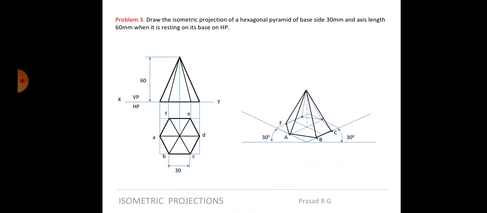From the center, you take the height, and that will be the apex point. From there, join to all the corners, and then clearly visualize what is to be seen and what will come behind. Whatever comes behind should not be drawn or made darker. Only what is visible has to be made very dark, like this. So this is the isometric projection of a hexagonal pyramid.